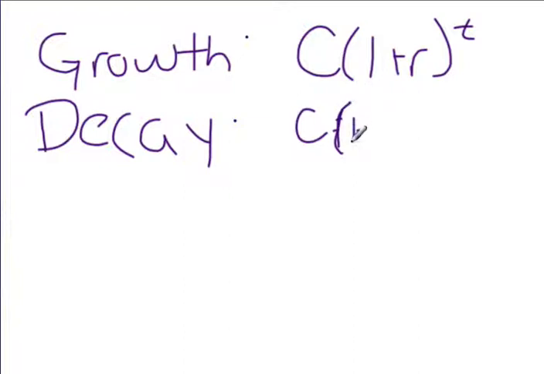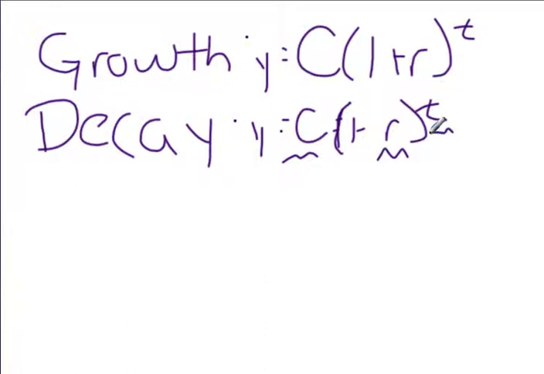Now both of these are equal to y, or basically the amount that you want to get. Remember that c represents your starting value, r represents your rate, and if it's a percent, you always convert it to a decimal, and t is going to represent the time.